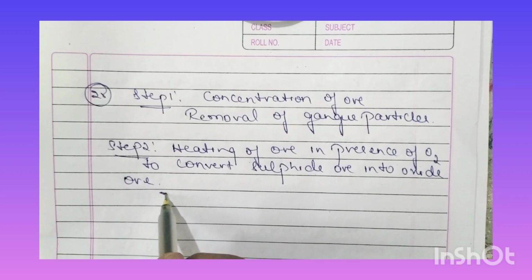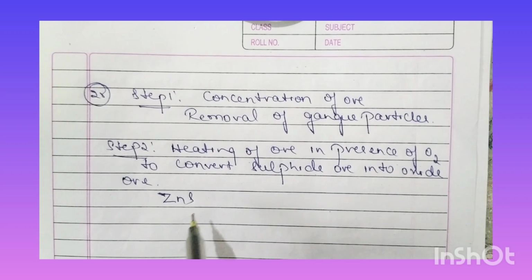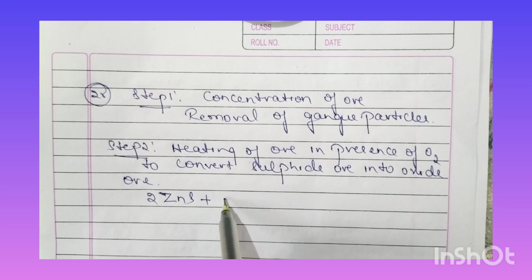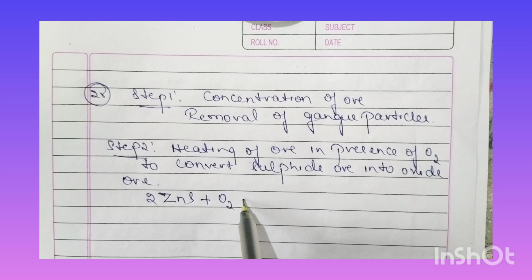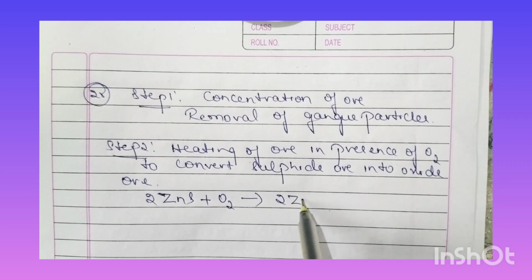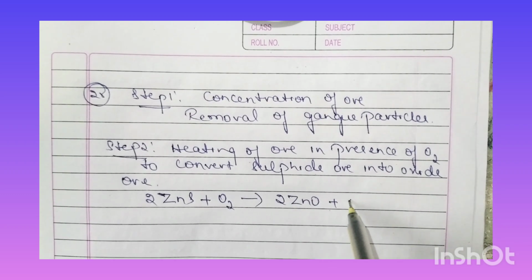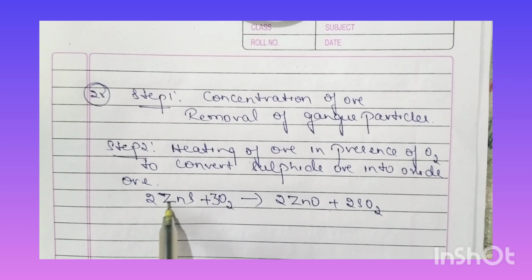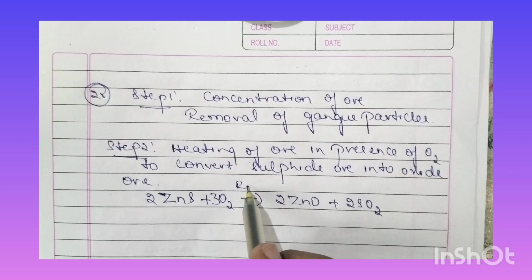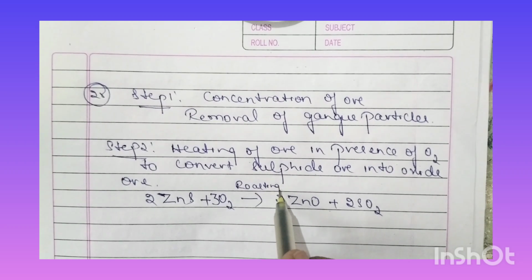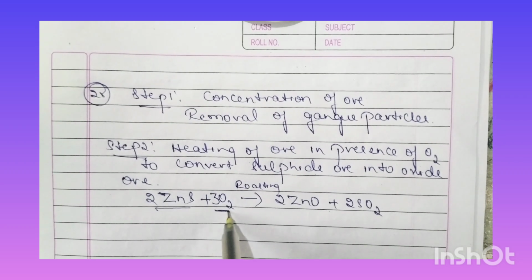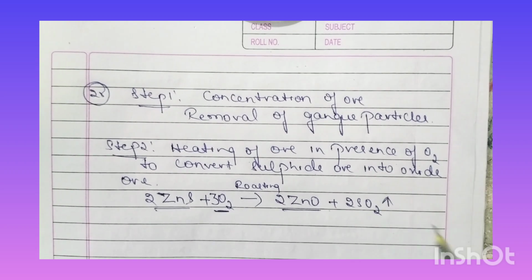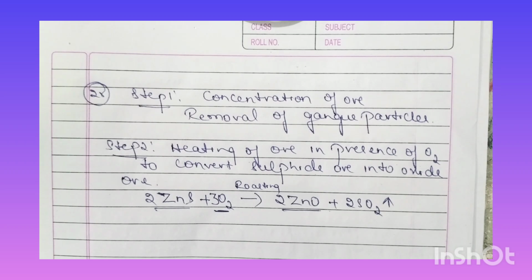So 2ZnS plus 3O2 give rise to 2ZnO plus 2SO2, that is zinc oxide and zinc sulfide. So we are going for roasting, that is heating of ore in presence of oxygen to convert sulfide ore into oxide ore, and sulfur dioxide is released as a byproduct.